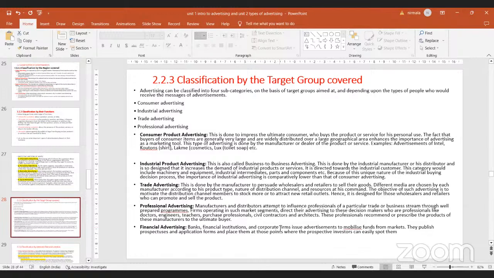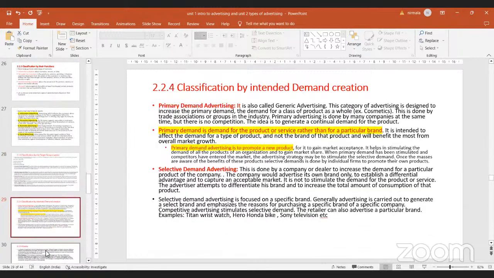Financial advertising is most of the time done by the financial institutions in the society.